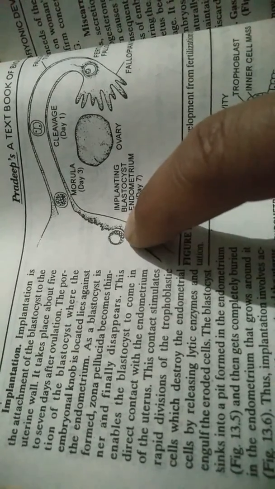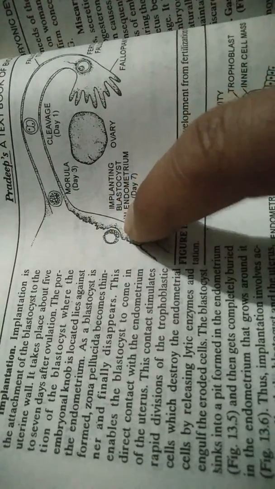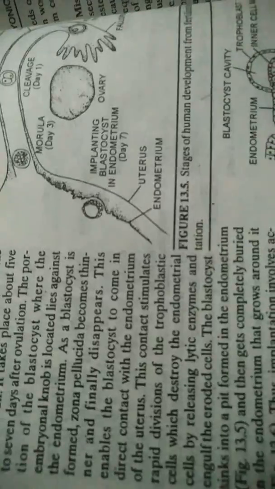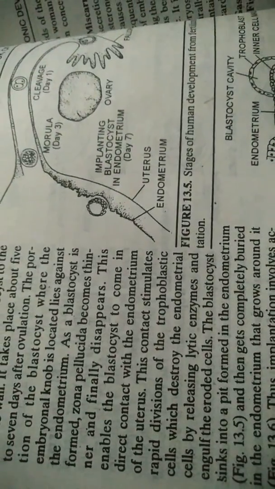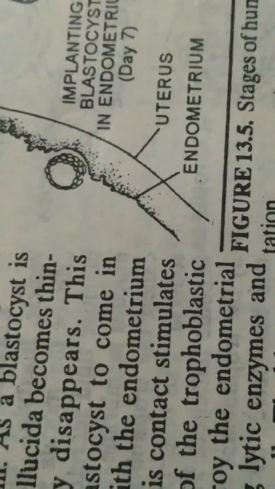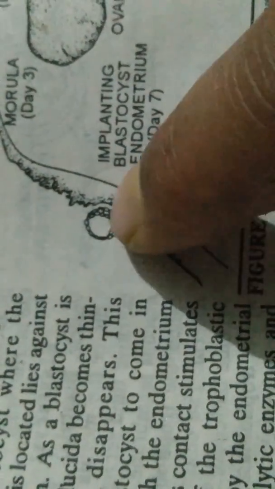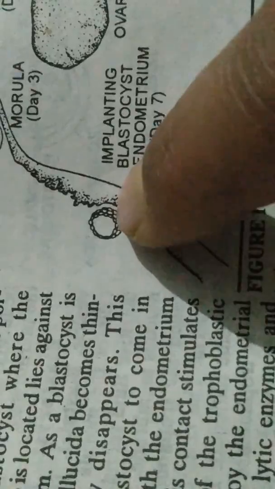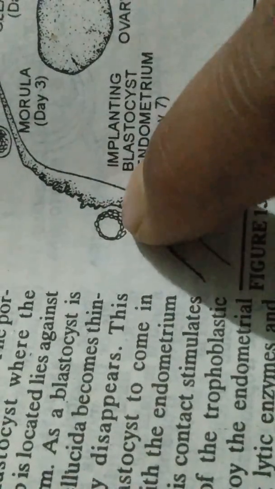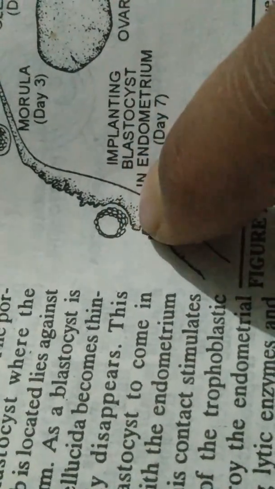Later on, it establishes a firm connection with the endometrium so that it derives all of its nourishment from the endometrium. After zooming in on this diagram, you see the blastula stage and how it gets implanted in the uterus.